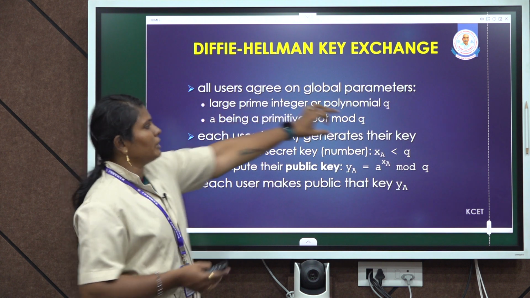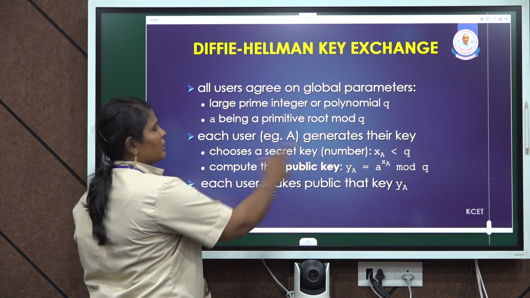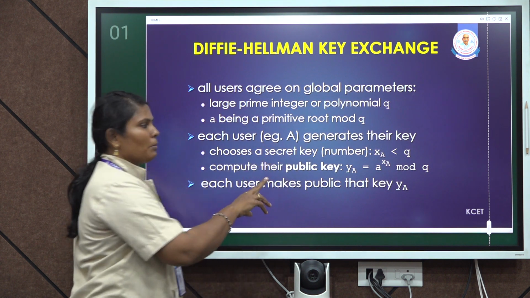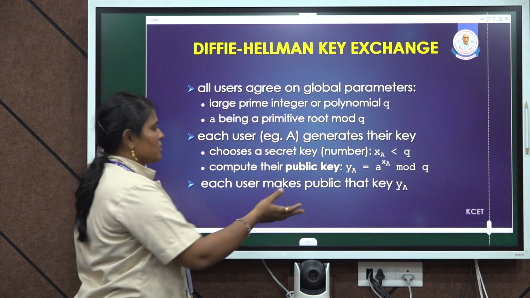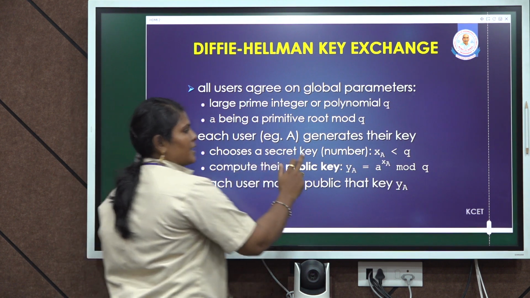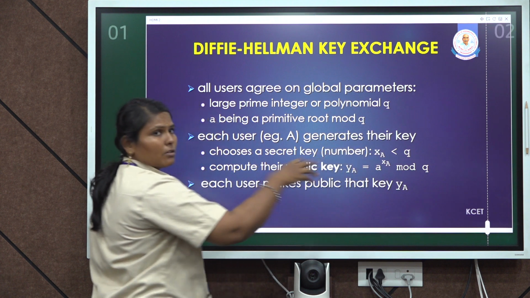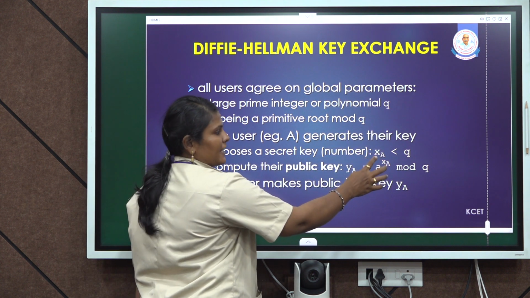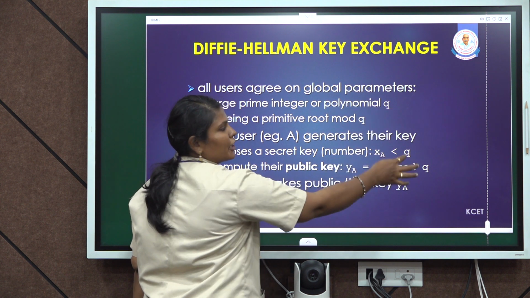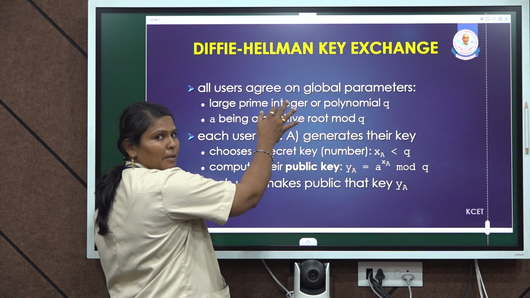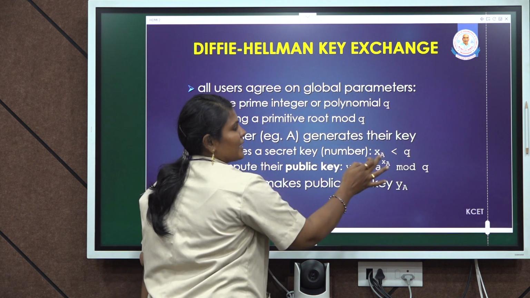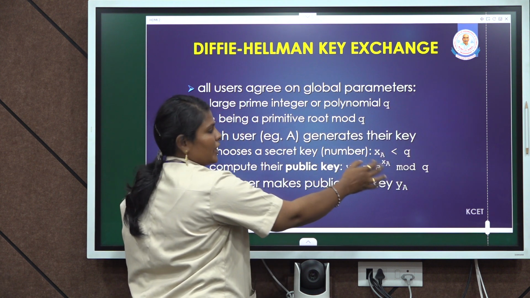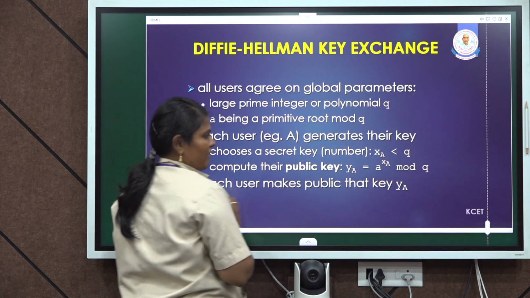Once we find these two things, we compute the secret key, the private key and the public key. The secret key is chosen by the sender, who is going to send it. He can choose his own secret key XA, and the value must be less than Q, the large prime we have already taken.